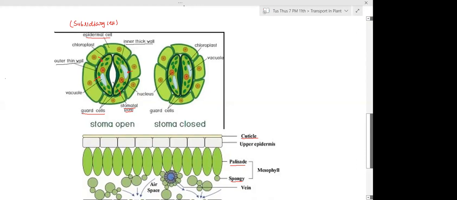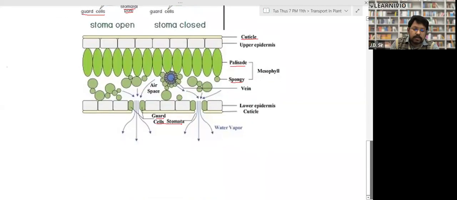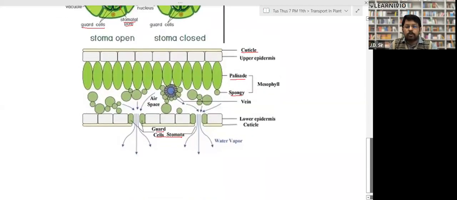Yes, sir. Okay. This is the diagram of a leaf. Look, I have told you that the upper surface is made up of a cuticle. So what is a cuticle? Cuticle is made up of a waxy layer, which is water resistant, so transpiration does not take place through the upper surface.